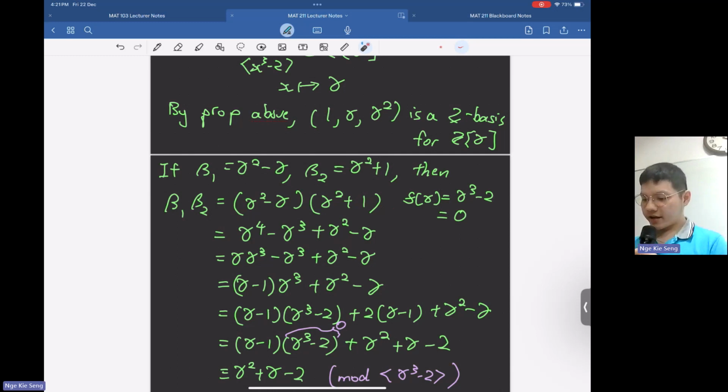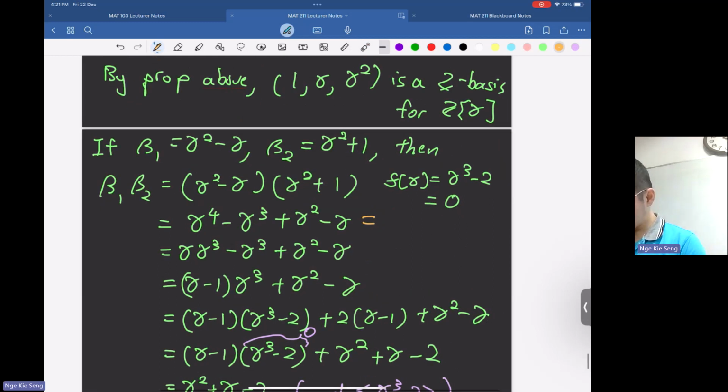Yeah, okay, again. So you are saying, can we just do like a substitution? Since we know that gamma cubed minus 2 equals 0, can we do a substitution like gamma 3 equals 2? Is that what you're saying? Yeah.